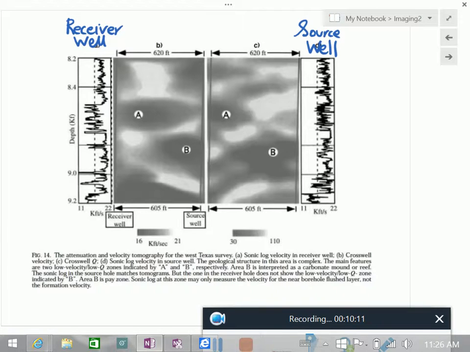What you see in A and D is something called a sonic log. For those who are rock mechanics people, do you know what a sonic log is by any chance? Yi, Sheng? Have you heard about it? Yeah, exactly. It's inside the well.